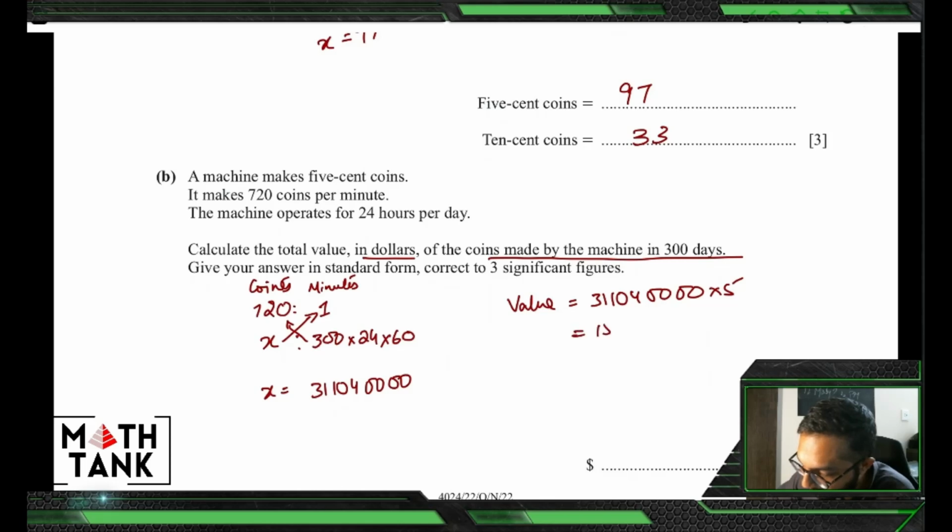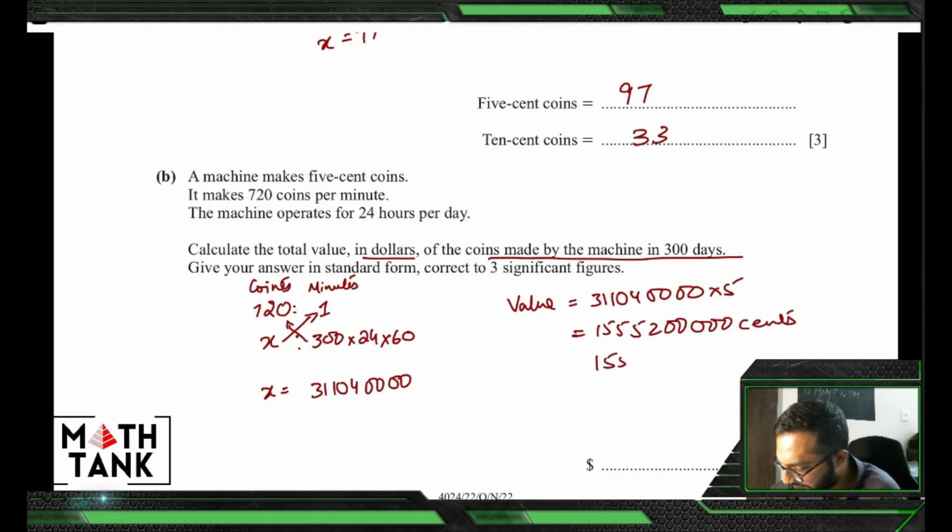It says 1555200000. I lost track of how many zeros there were. There are 5 zeros. Okay, so that's the value in cents. Dollars would be 15552000, with 3 zeros.